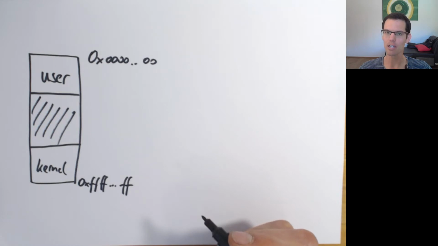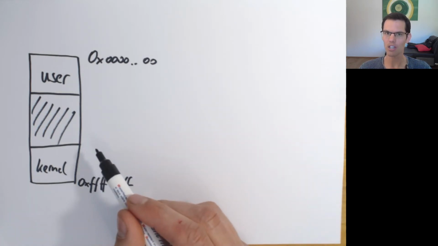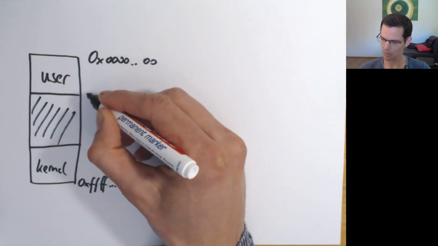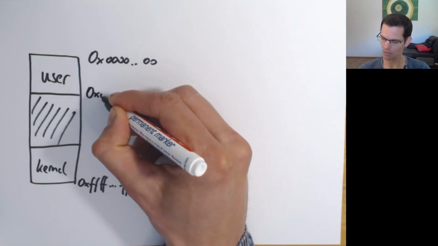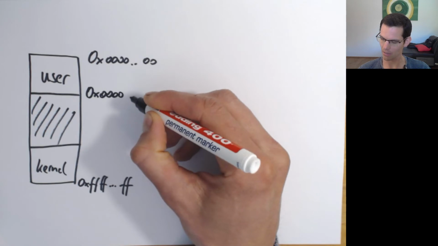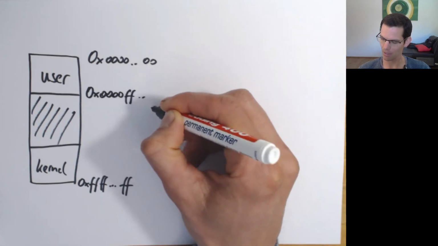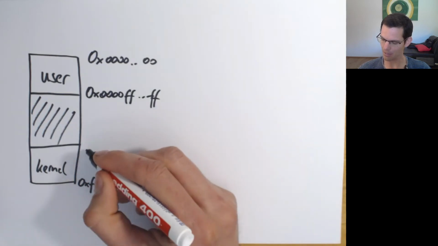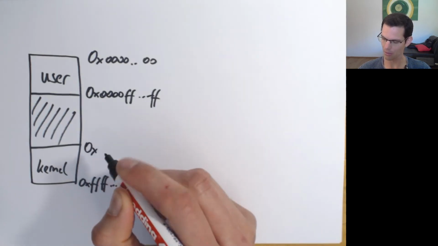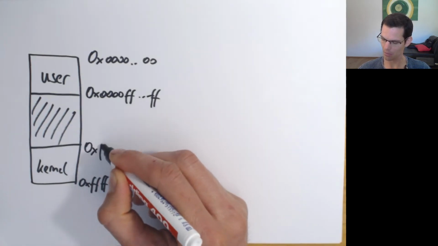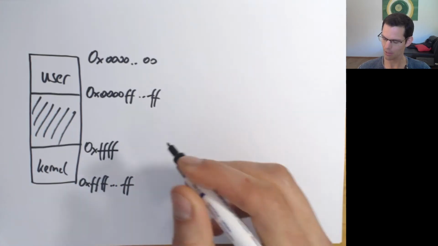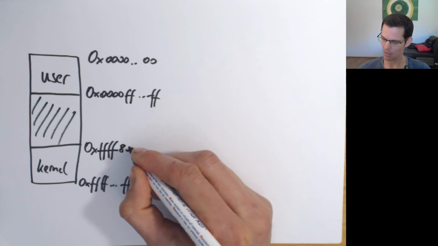And due to canonical addressing, as mentioned, we're going to sacrifice the first 16 bits. So here we're going to have 0x0000 and then ffff as the maximum address in userland. And here we're going to have the address 0xffff, sacrificed, and then we start with 800000.